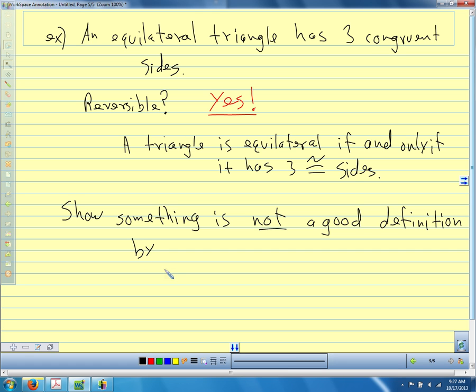We need to find something to show us that a statement is not a good definition. What have we been finding to show that things are false? Bay says counterexample. By finding a counterexample.